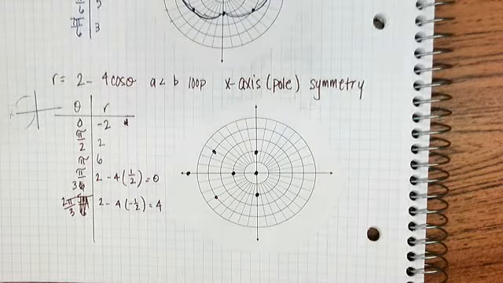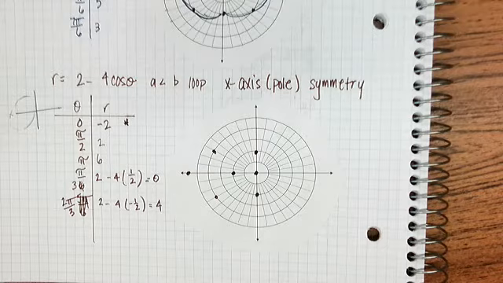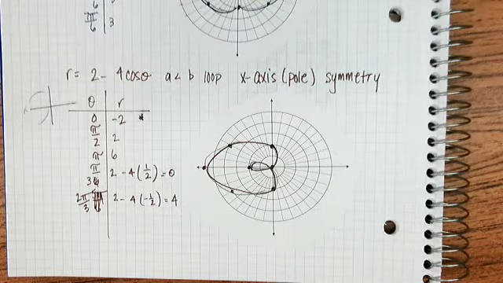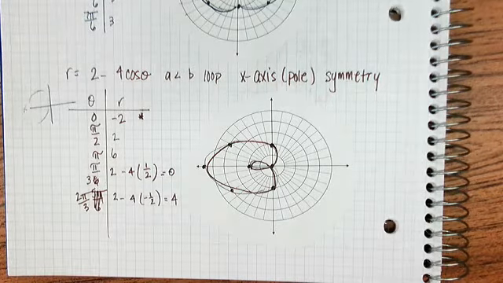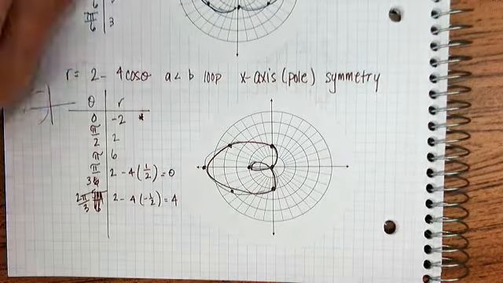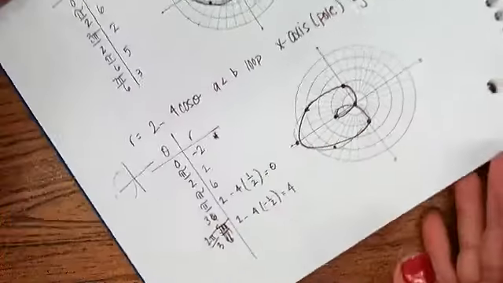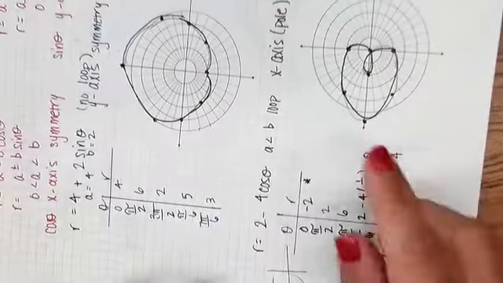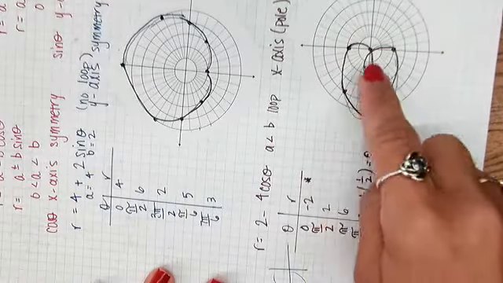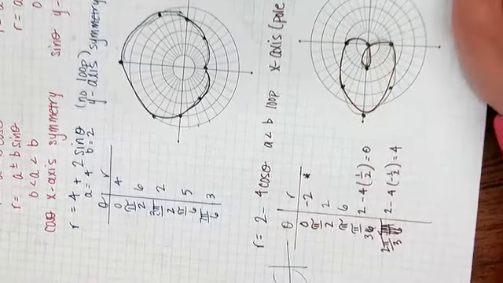These are incredibly difficult for me to draw. There is a limaçon with a loop. It's not a perfect heart, but it does resemble the heart, the cardioid. Then it has the loop in the middle.